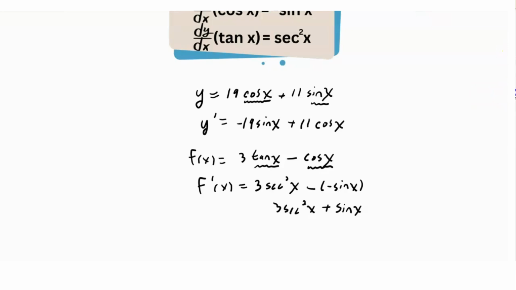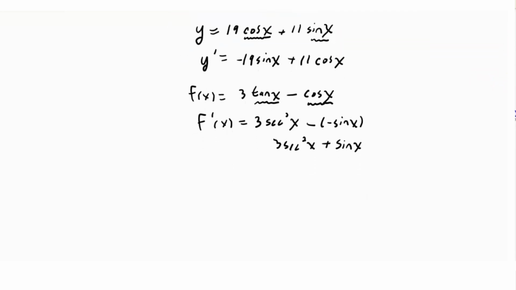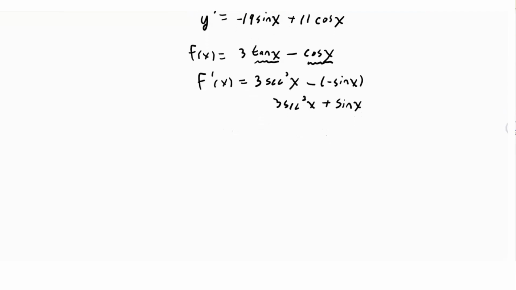One thing you may run into is something like this, especially before we do chain rule and product rule. At this point with the basic differentiation rules, we haven't learned chain rule yet, and we can see that we have squared here.